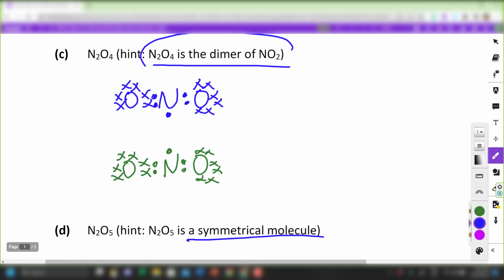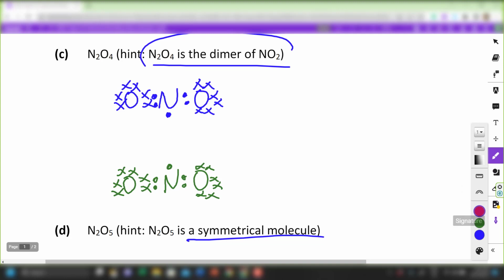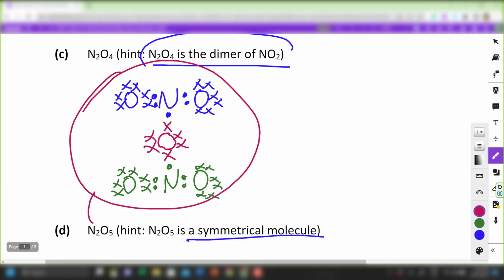So I just put the oxygen in. Maybe I should shift it down a bit more. So I'm going to put the oxygen in right here. And then I put a dot here, cross here, and a cross here, and then cross, cross, cross, cross. So you can see that this is a symmetrical molecule. So this will be the answer to N2O5.